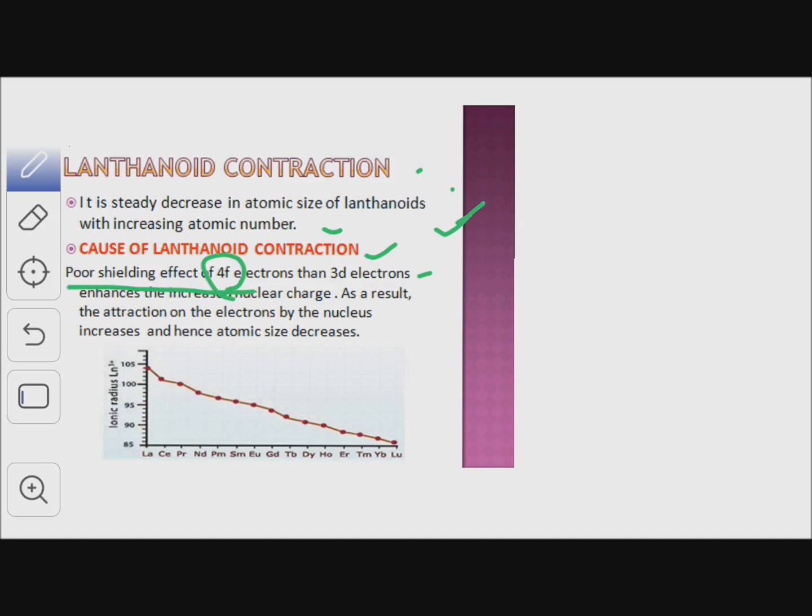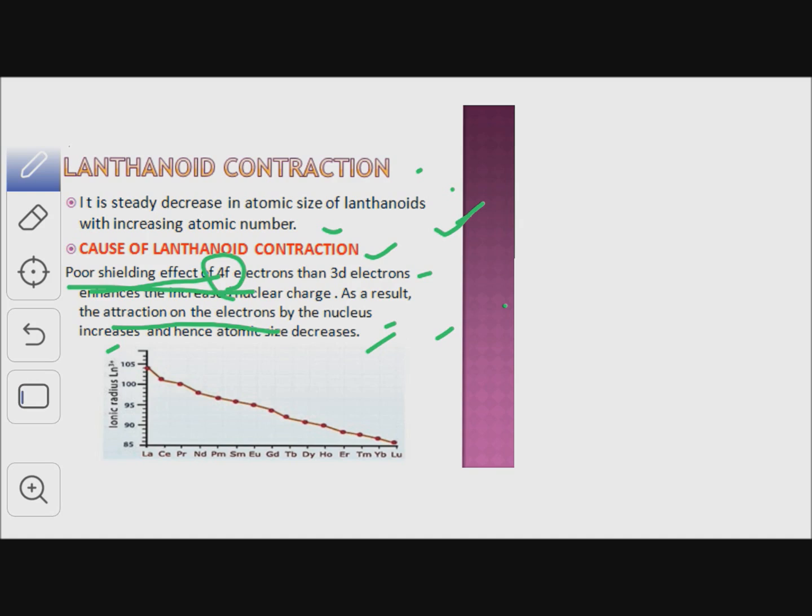Hence, there is a net contraction in size. When the atomic number increases, f electrons also increase, so the poor shielding effect increases, the attraction on the electrons by the nucleus increases, and hence the atomic size decreases.